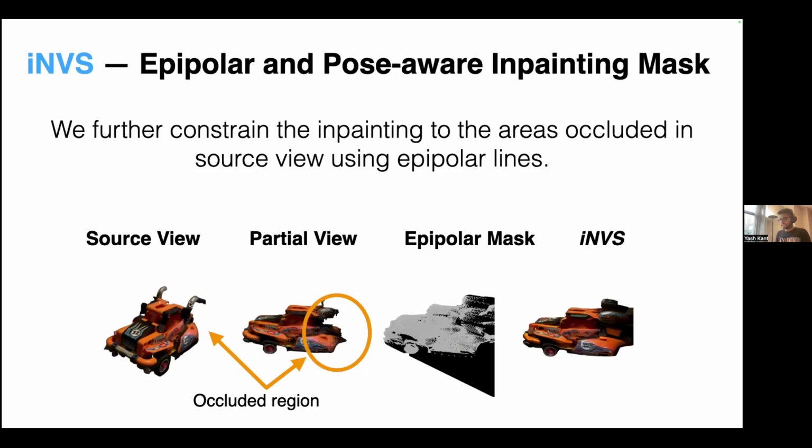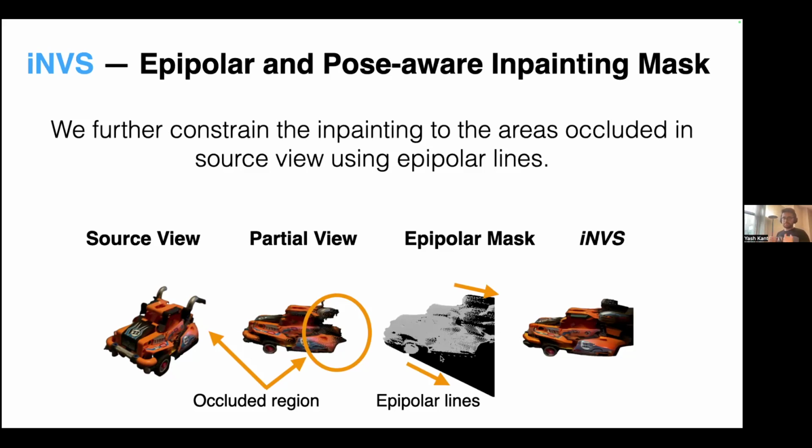So for this, we define an epipolar mask. What it does is that it only highlights pixels that were occluded from the first view, so that we don't have to inpaint every single pixel in the new image. And for this, we use these epipolar lines that bound the generation. And this is a visual of that, where these are the directions in which we only want to inpaint.